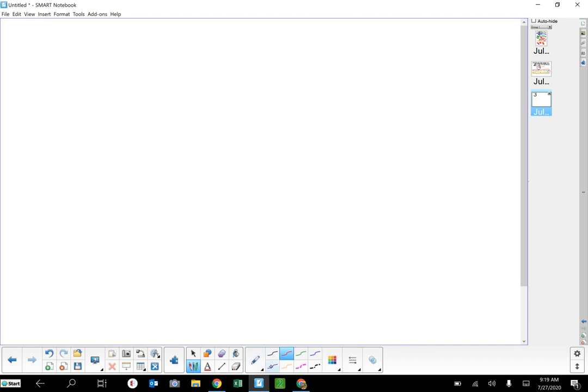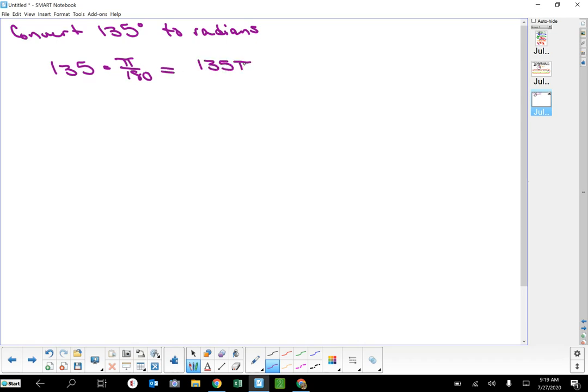So let's convert 135 degrees to radians. What you're going to do is start with your degrees, and you're going to multiply by pi over 180. Essentially, you're going to get 135 pi over 180.